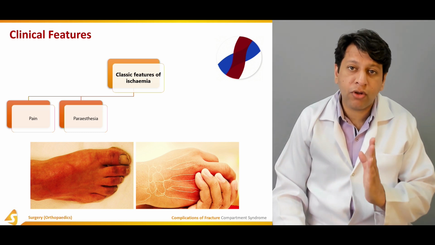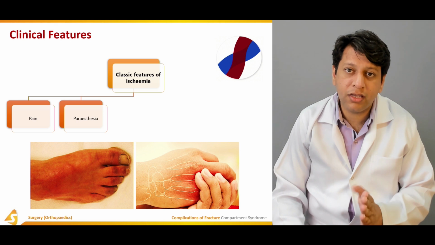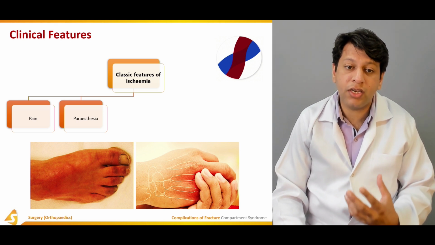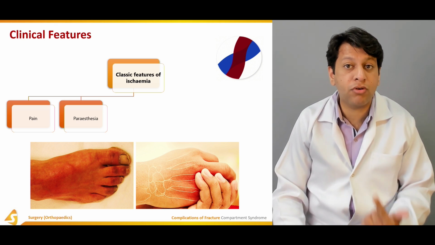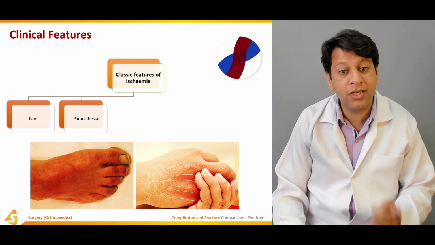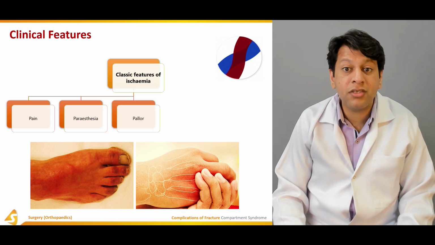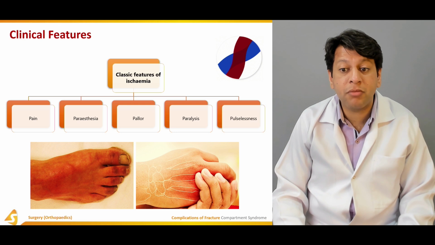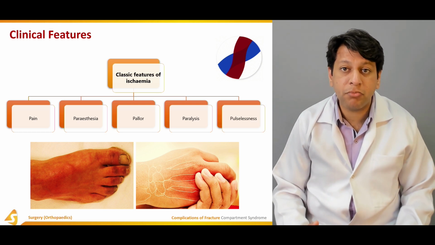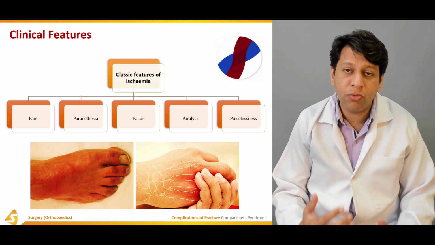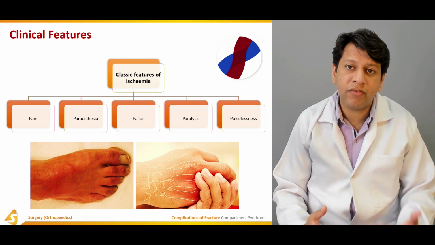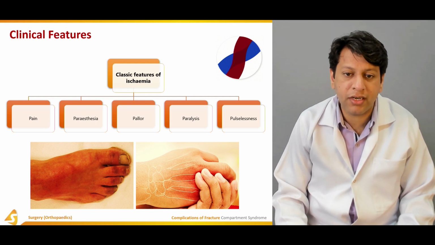So for a clinical diagnosis and to pick it up early, we need to rely on pain out of proportion and pain on passive movement. Other features such as paresthesias, pallor, paralysis, and pulselessness are present, but they usually appear late. Once they appear, a lot of damage has probably already been done.